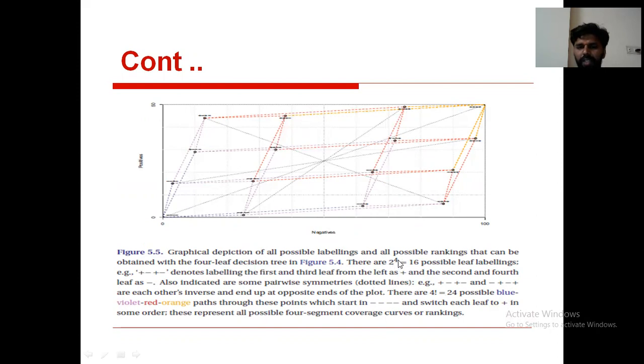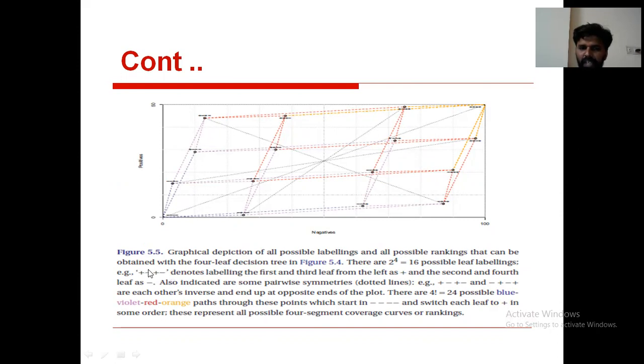And how many leaf nodes are there? 4 leaf nodes. 2 power 4, that is equal to 16 possible leaf labelings. Here the combination is like plus minus, right? Like this, we may write plus plus, minus minus. Plus indicates the first label and minus indicates the second label. Like this, there are 4 different labels.